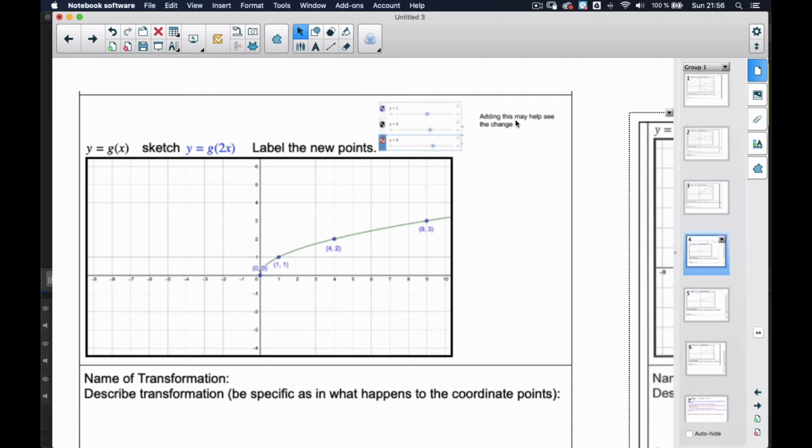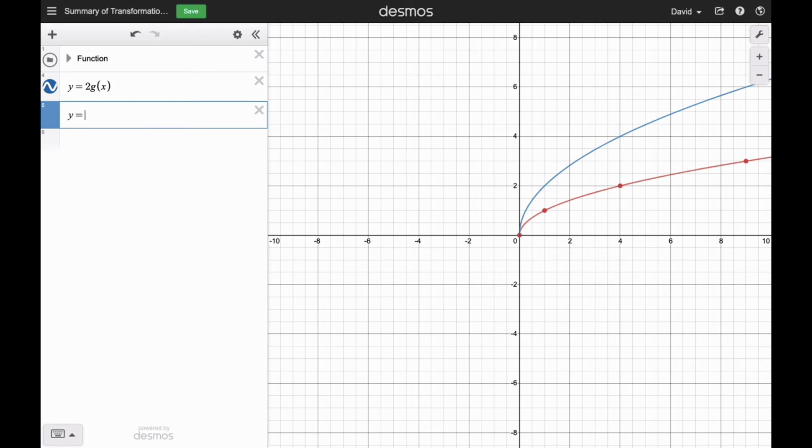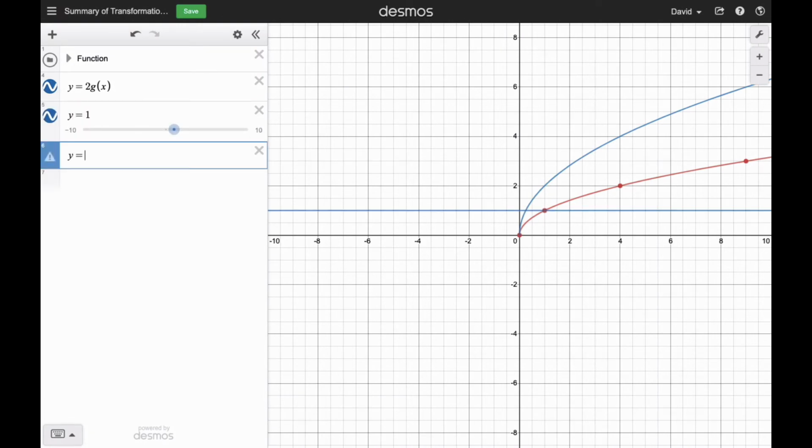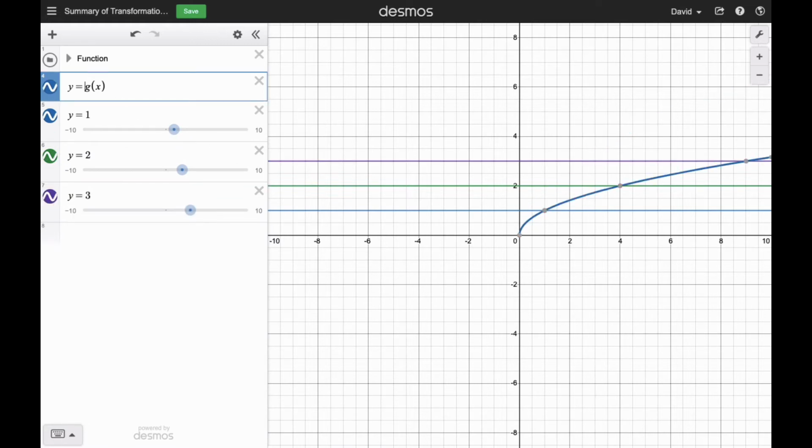Now for this one here, it might be helpful to see if you put on these values here. If we add y equals 1, y equals 2, and y equals 3. All right, and we're going to change this inside here, make it a 2. And so what happens here is now you can see that the y value stayed the same, but the x value is 0.5.